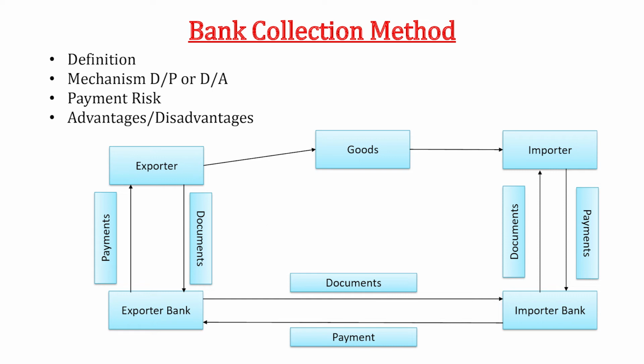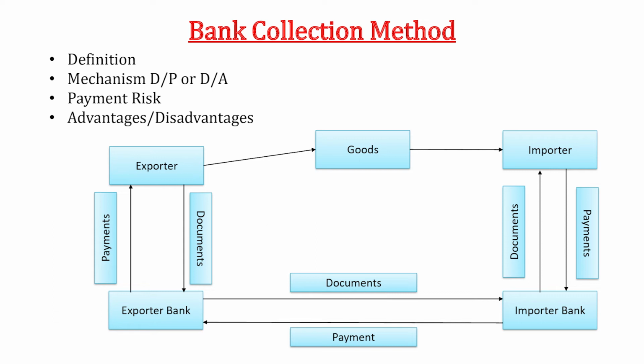And friends, this is quite risky as compared to a letter of credit. Here banks are only handling documents. And if the importer is making payment on due date, in case of DP or DA documents, then and only then the exporter will get the payment. Otherwise, the importer's bank will inform the exporter's bank that the importer has not honored the documents.